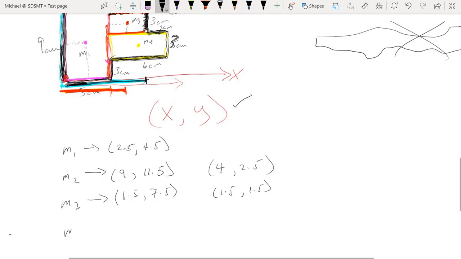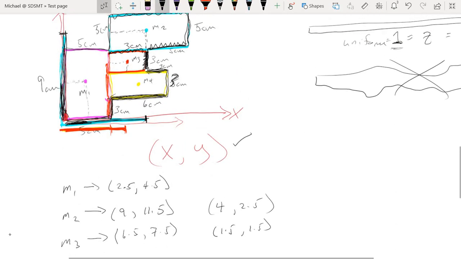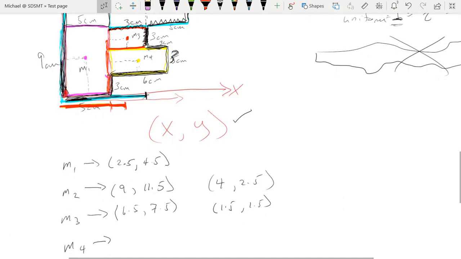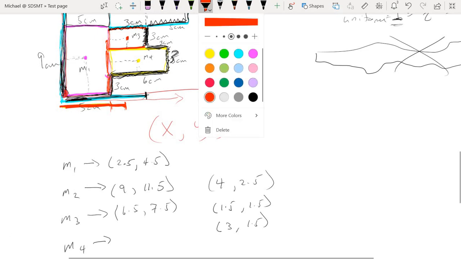Okay, one more. Mass 4. Where is mass 4 located? Or where is its center of mass located? Mass 4 has dimensions 3 by 6. So we need 3 by 1.5 as its center point, but measured from the origin.